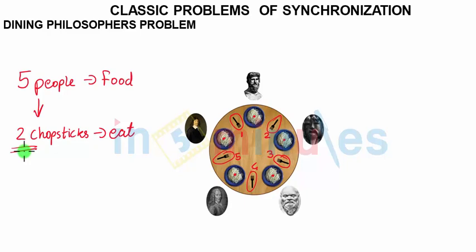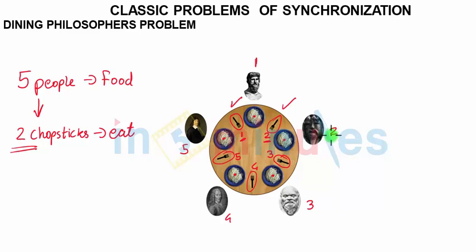So the problem over here, why this is synchronization, is because each one of them would be picking up the chopstick assigned to itself and a second one assigned to the next in a clockwise manner. That means if this is philosopher 1, 2, 3, 4 and 5, the first will use its own chopstick and also take the second's chopstick for eating noodles.